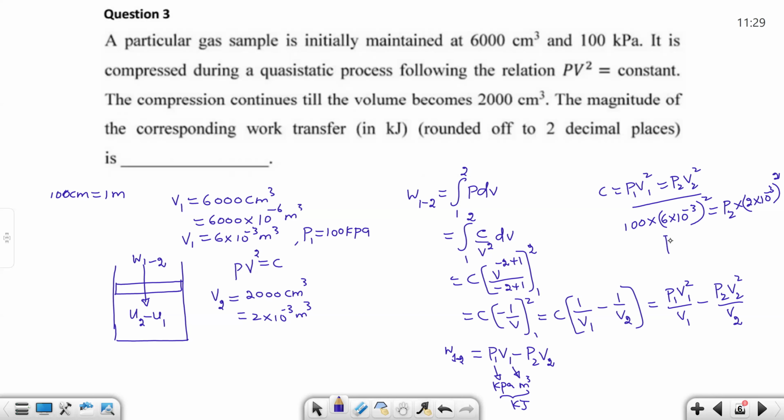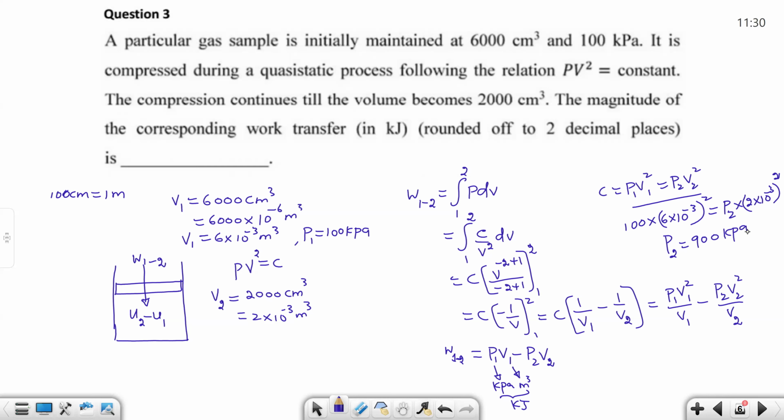So P2, which you will get in kPa, is 900 kPa.